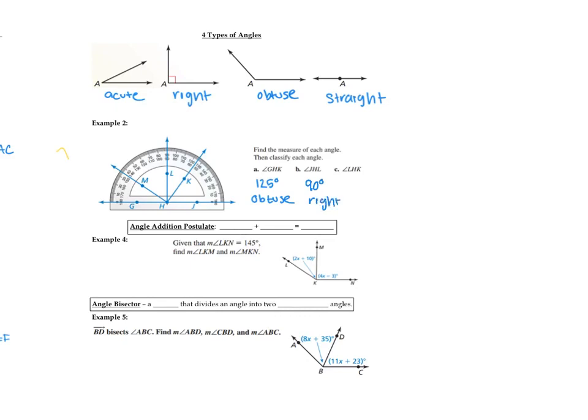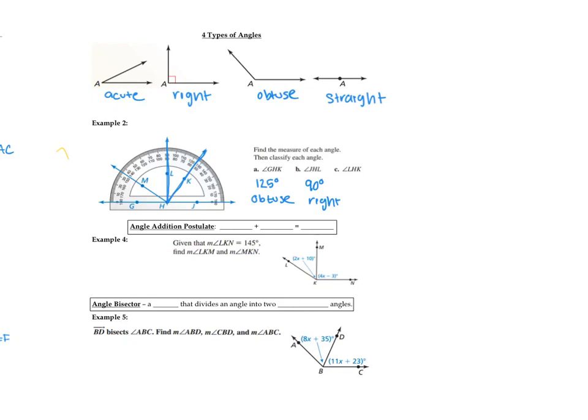Let's look at this next one, angle LHK. So LHK is right here. Now for this, it doesn't really matter whether you use the outer or inner as long as you're consistent. You will need to subtract to find the total angle. So I'm going to do 90 minus 55.